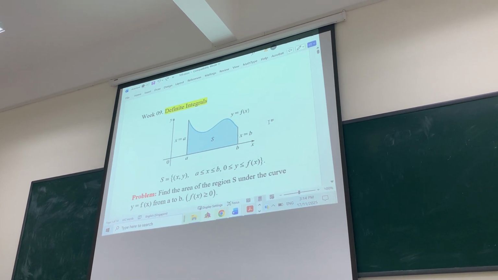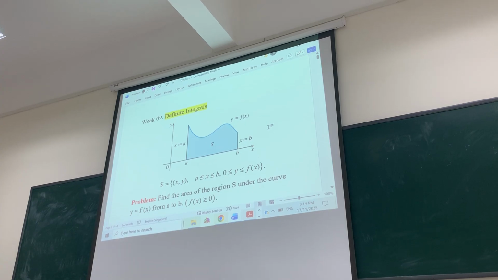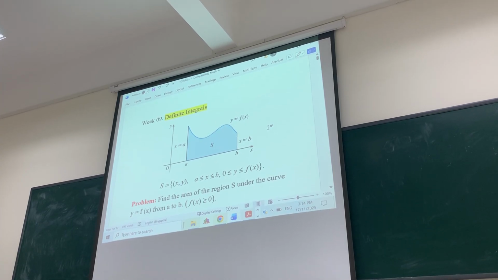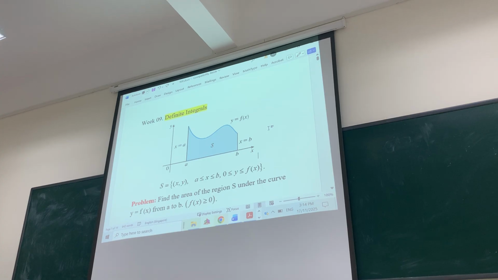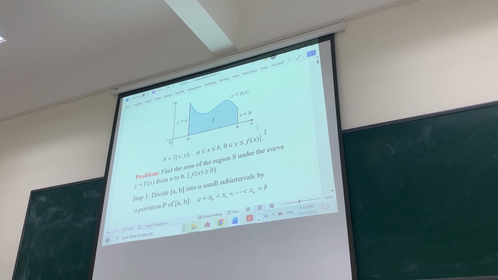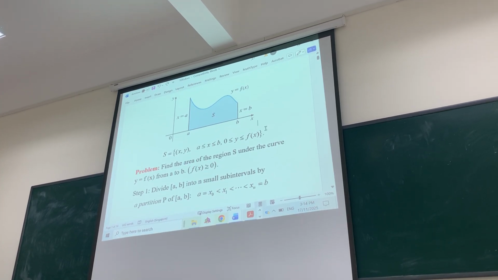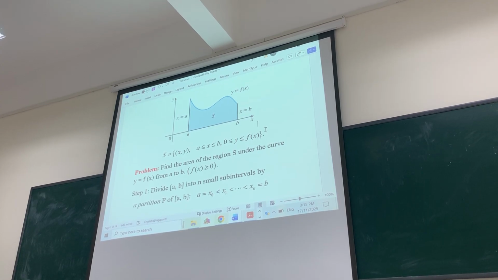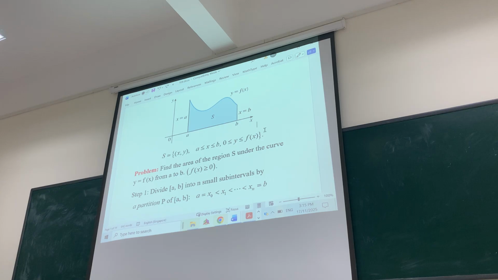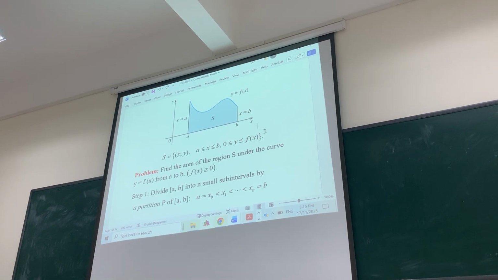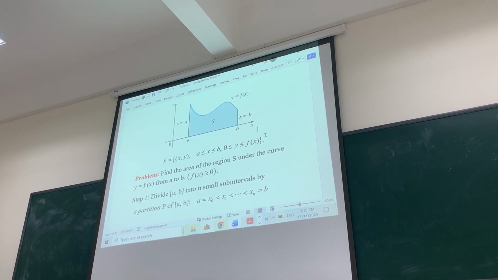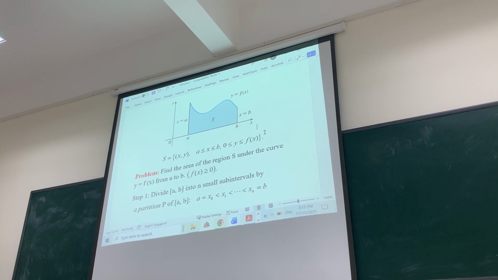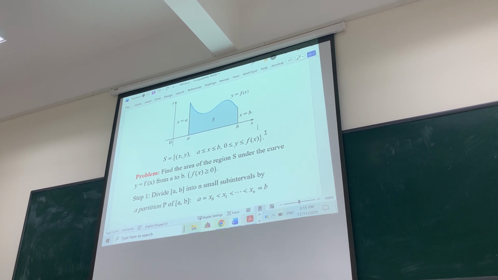If you want to find the area under the curve, you need to follow some steps. Step one: we divide the interval [a, b] into small subintervals by the partition P of [a, b]. Partition P, meaning the way of dividing.